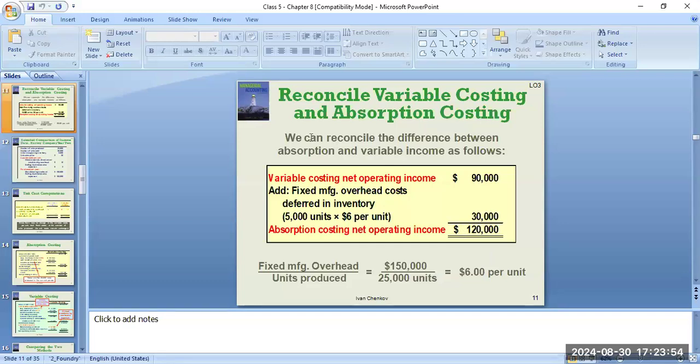Also, under variable costing the operating income is $90,000. We have a $6 per unit difference in the costing, with 5,000 units available in the inventory, that's $30,000. And $120,000 is the operating income under absorption costing.